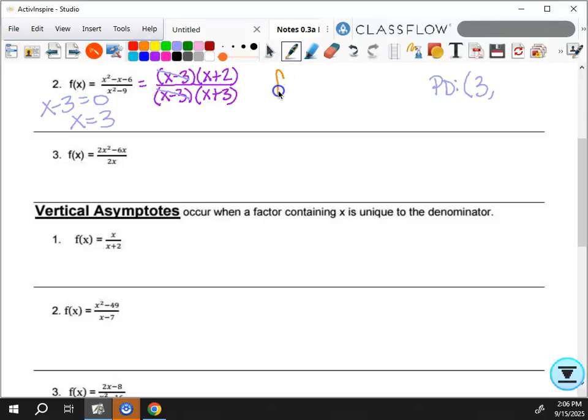So then my reduced function is x plus 2 over x plus 3. And I need to evaluate that at what? At 3. Good. So f of 3 will give me 3 plus 2 over 3 plus 3. And that will give me 5 over 6.